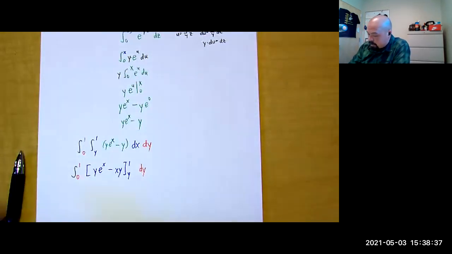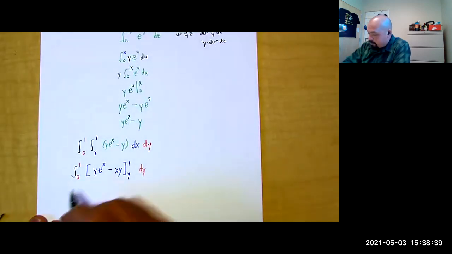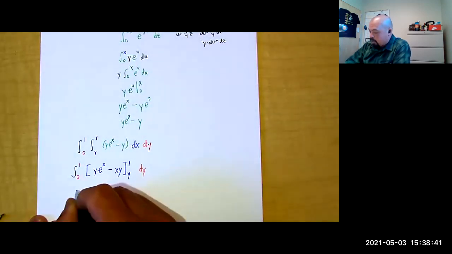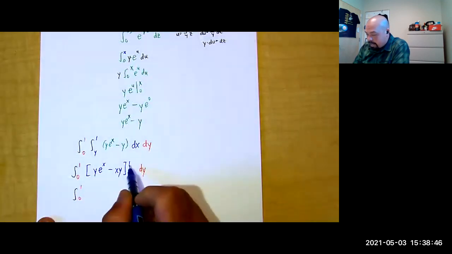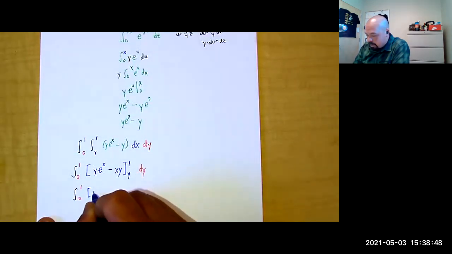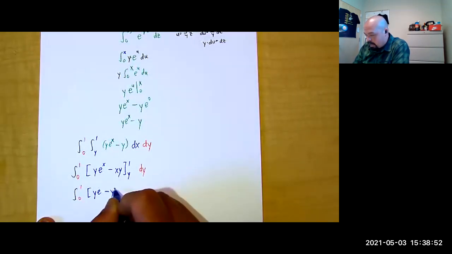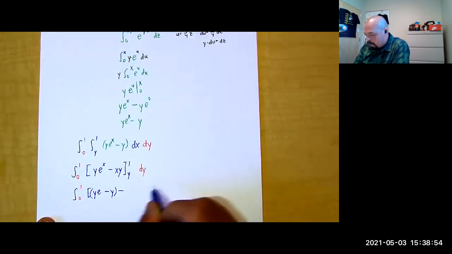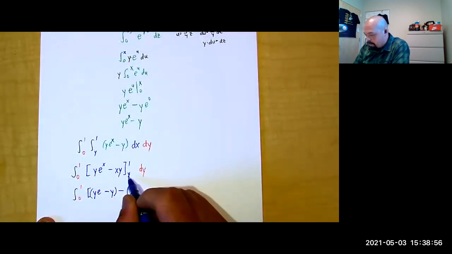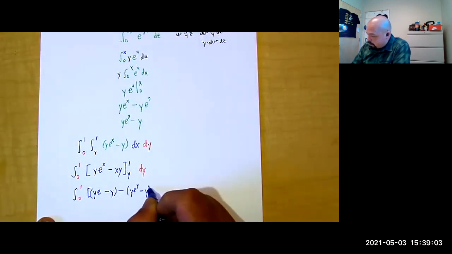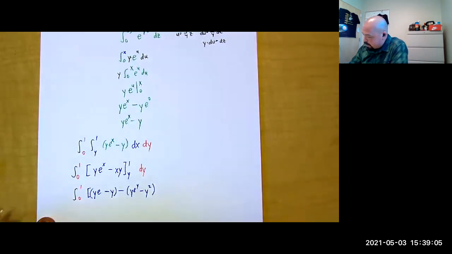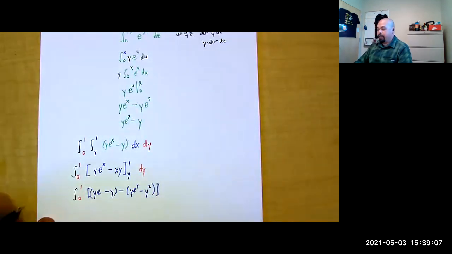So now, as we continue the integration, calculate when x is equal to 1, y e to the first minus y, minus, now on x equal to y, y e to the y minus y times y, dy.